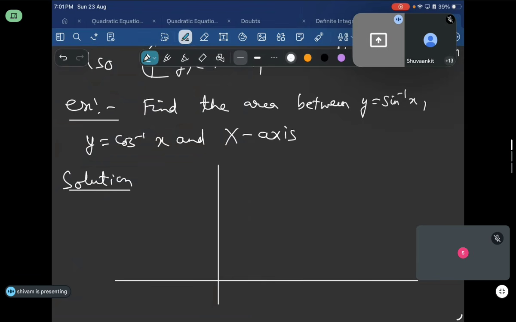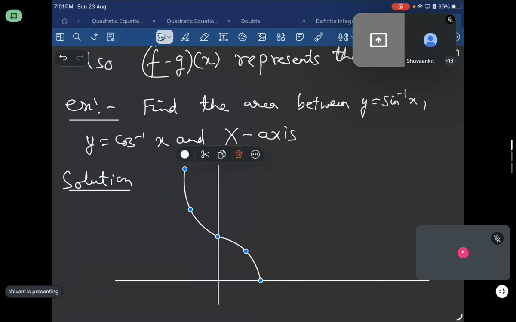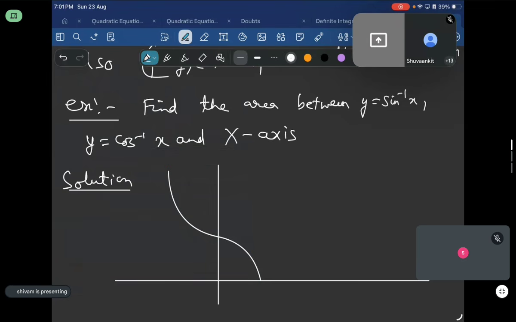You people remember decreasing function? Okay. It will look somewhat like this. This is the graph of cos inverse x. And sine inverse x will be like this.